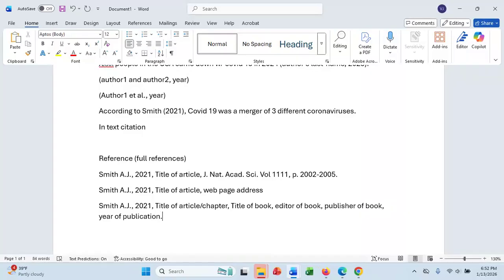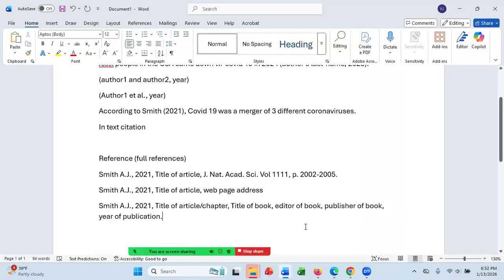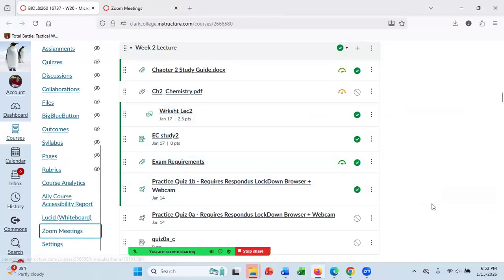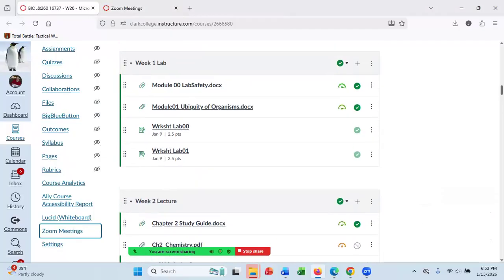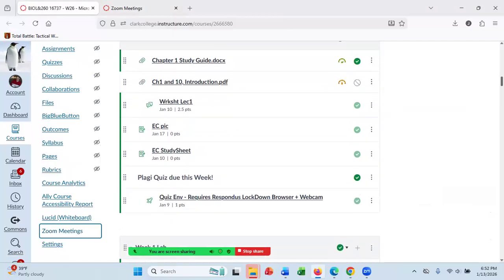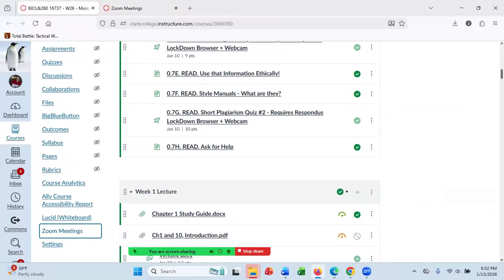It used to be in APA 6, you need to give the city of publication, but I think in APA 7, you don't need to give the city of publication. I could be wrong on that, but I don't think you need to do that anymore. Let me briefly just look at that. I'm so used to doing it the old way. It's recently changed in APA 7. APA 7 came out recently.